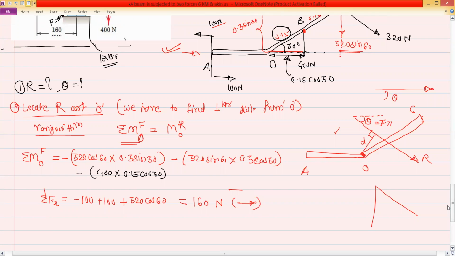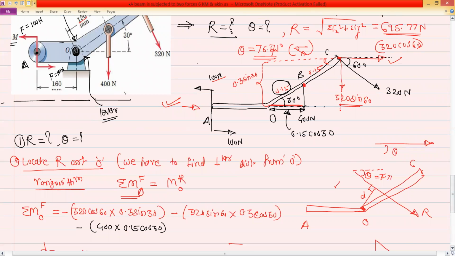And there is one individual couple in the system because of 100 Newton and this 100 Newton. So this perpendicular distance is 0.4 meter.